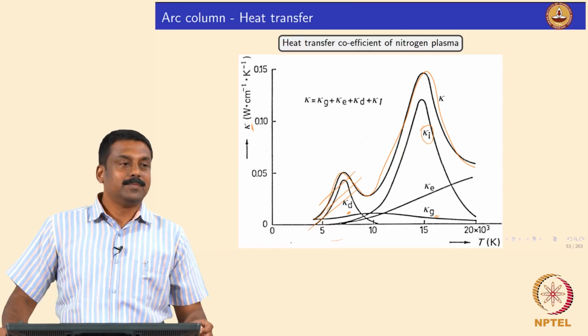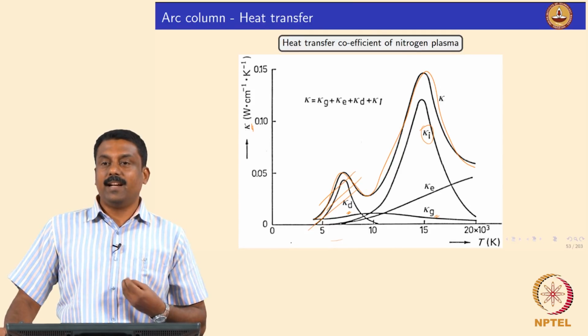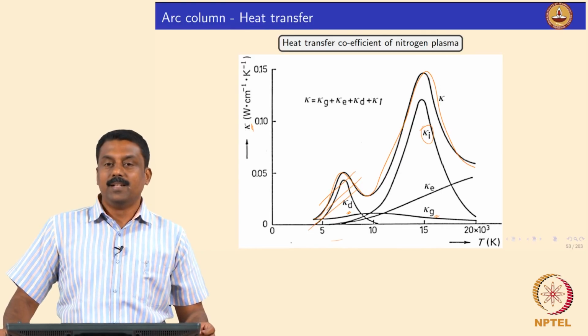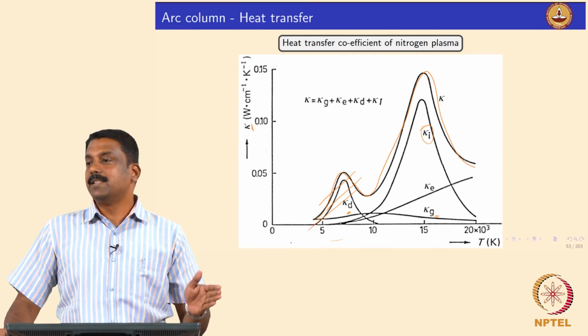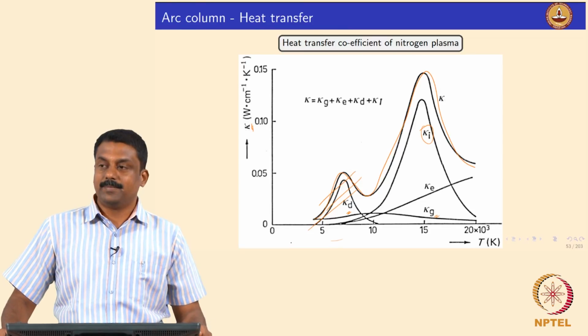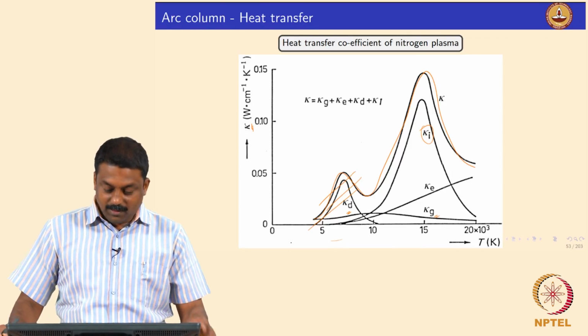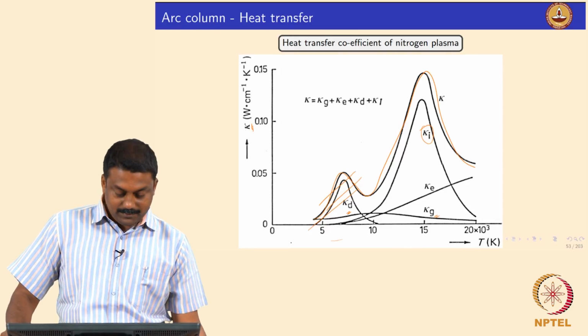Okay. So, if you use 100% diatomic gas, the heat distribution by conduction in an arc will be entirely different than if you use monatomic gas, right? Is it clear? Good. So, this works in real cases as well.